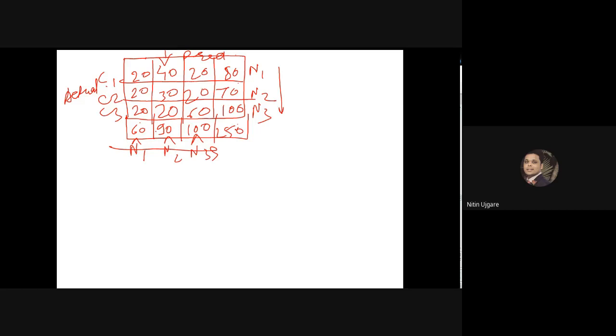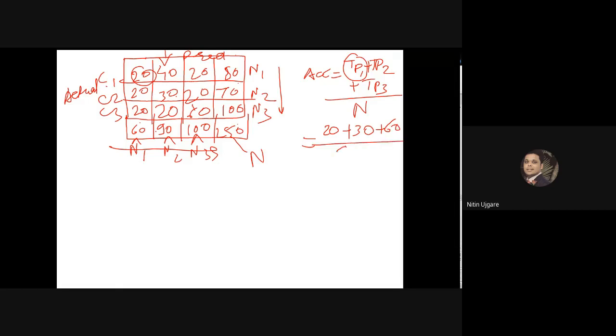Now first we'll find the accuracy. The accuracy of the multi-class classifier is calculated as TP1 plus TP2 plus TP3 divided by N. This is the value of N. We know TP1 is 20, TP2 is 30 and TP3 is 60, divided by 250, which gives the answer 0.44, equivalent to 44%.